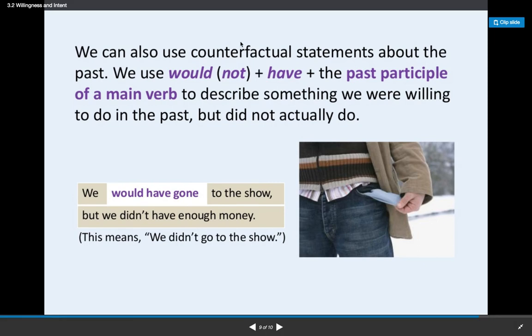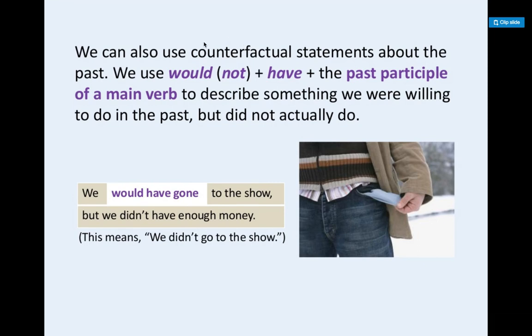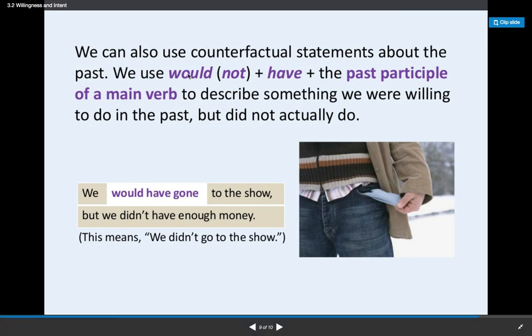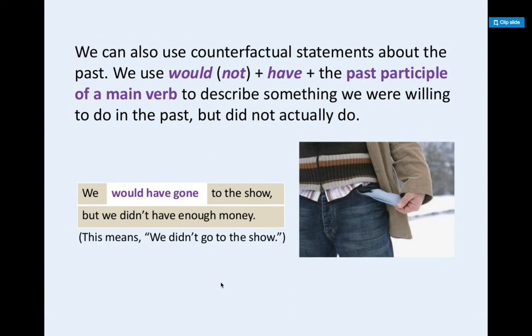In other words, when you talk about something that did not happen in the past, this is what we do: would plus have plus the past participle of a main verb. So when I say we would have gone to the show, but we didn't have enough money. Okay, the true statement is we didn't go to the show because we didn't have enough money.